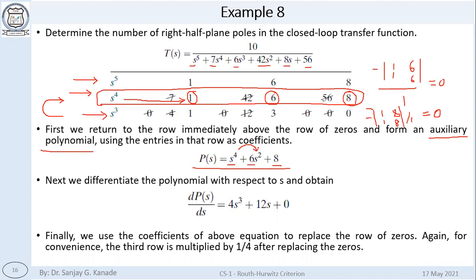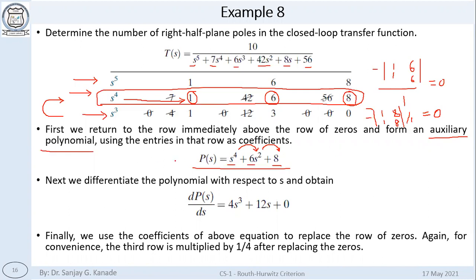Remember, the powers are one gap apart, right? They are not continuous powers. While writing the s5, s4 rows, all these polynomials, we have taken one gap. We have left out one coefficient, or we have taken alternating coefficients. So similarly, the powers here have to be alternate powers.